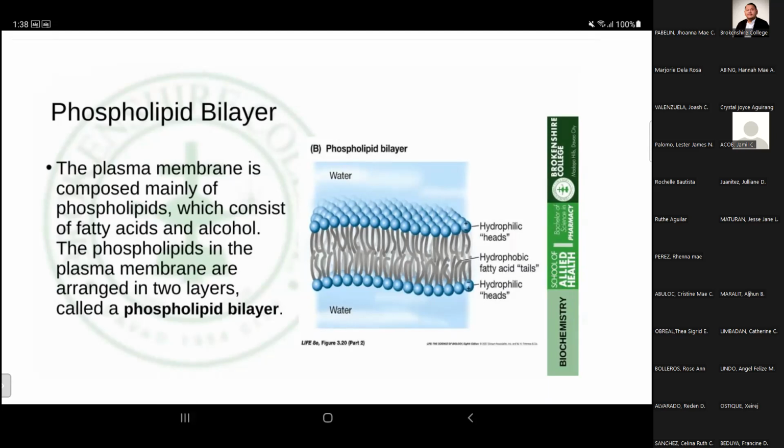So now let's talk about the phospholipid bilayer of the plasma membrane.